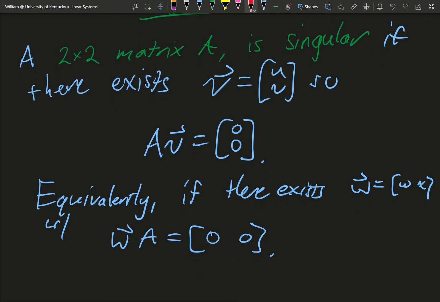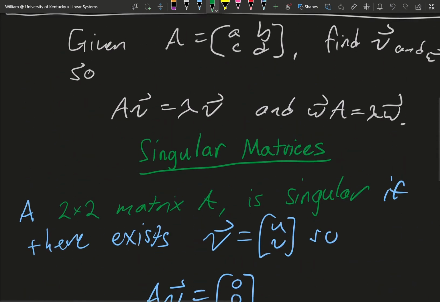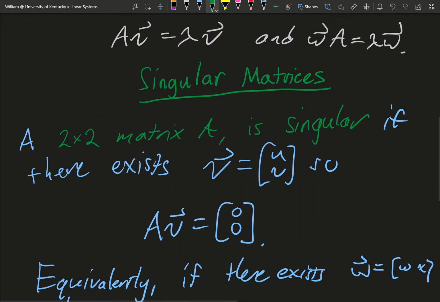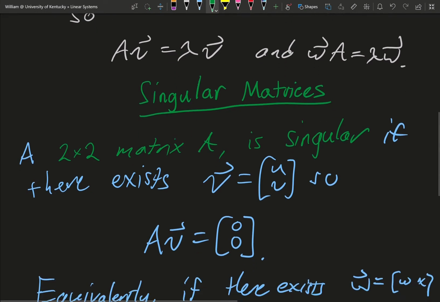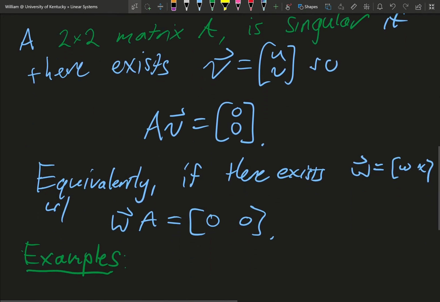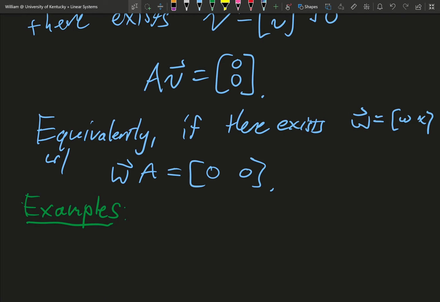All right, let's look at some examples to get an idea for what these things look like. So note this is an example of the above property where really lambda equals 0. Because if I multiply 0 by any vector, I'm just going to get the vector of all zeros. Doesn't matter what type.